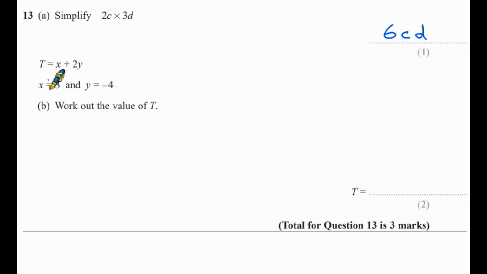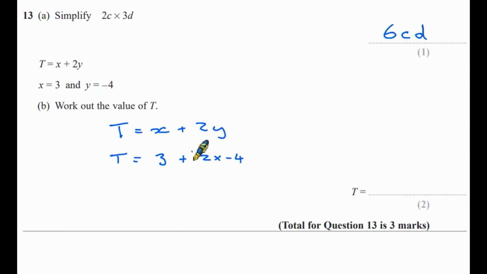Now, we've got part B. It says t equals x plus 2y. x equals 3 and y equals minus 4. So what have we got? Let's write this down. t equals x plus 2y. Now, if we write this again, t equals, we know that x is 3, so we can put a 3 in there, plus 2 times y, that's 2 times minus 4.